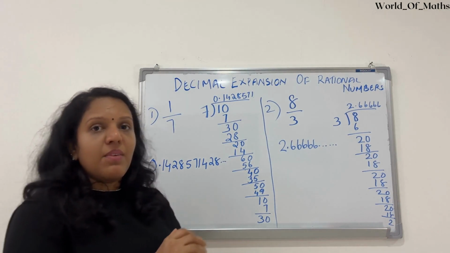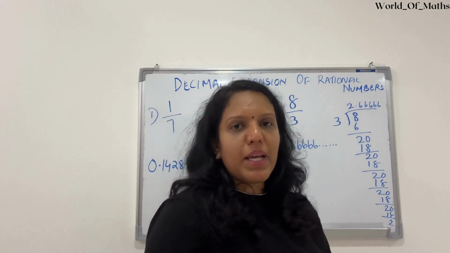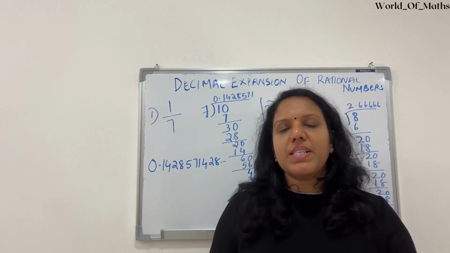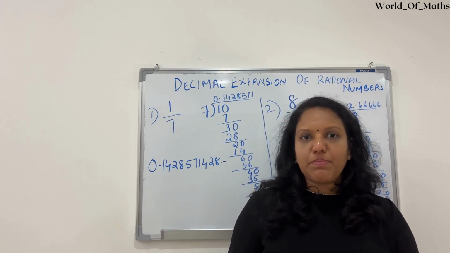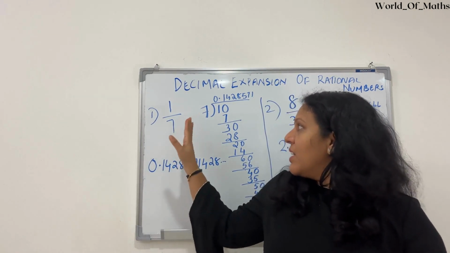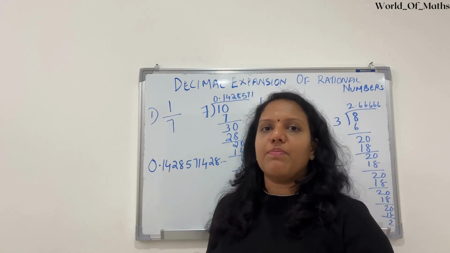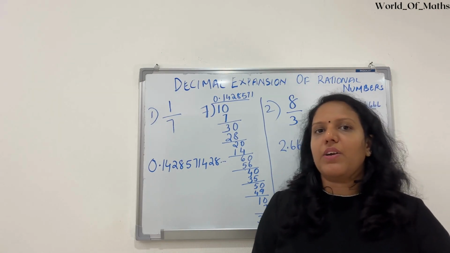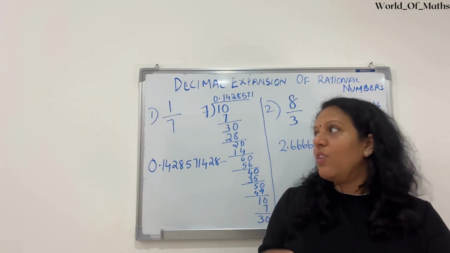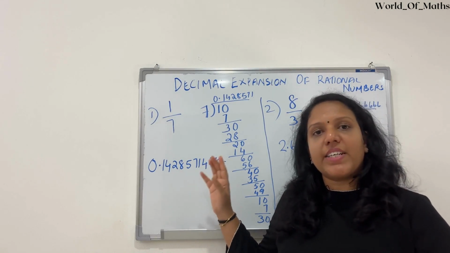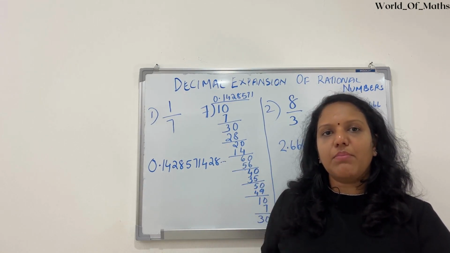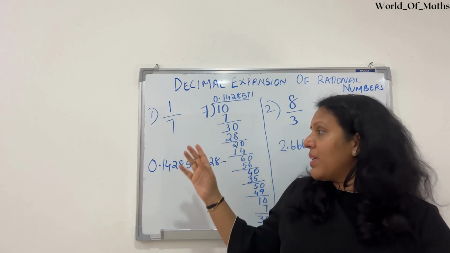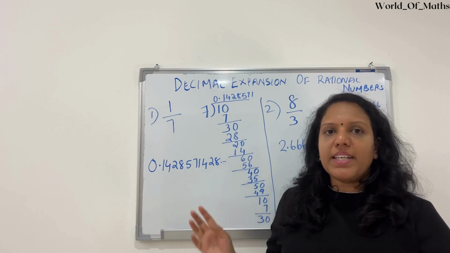So any rational number p by q, where the denominator q cannot be expressed as a product of the prime factors 2 and 5, here the denominator is 7, which cannot be expressed as a product of 2 and 5, will have a non-terminating recurring decimal.